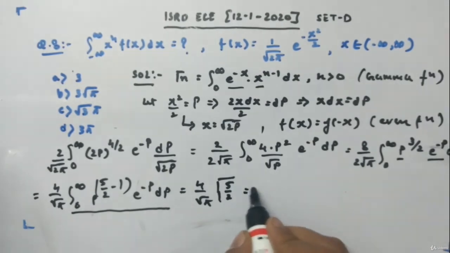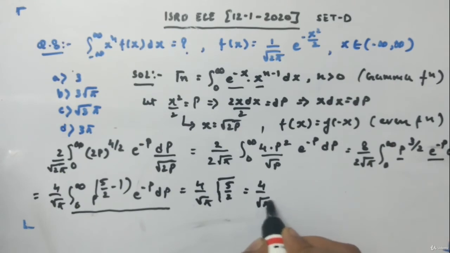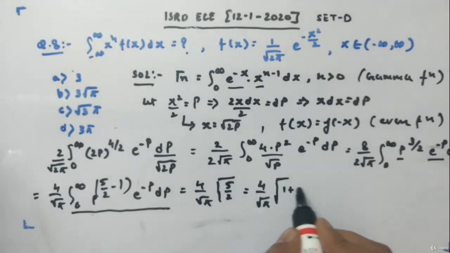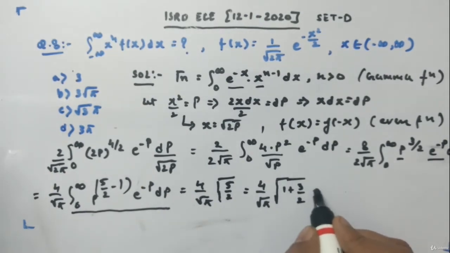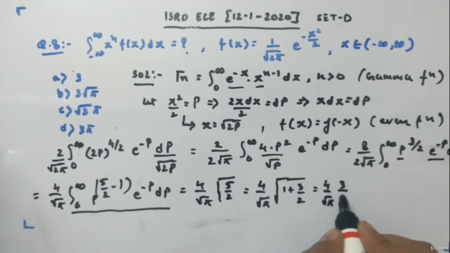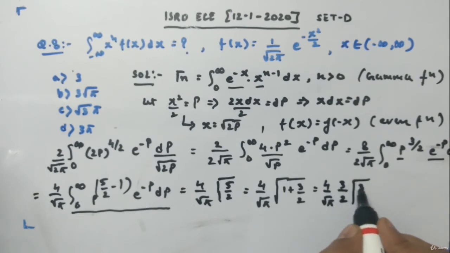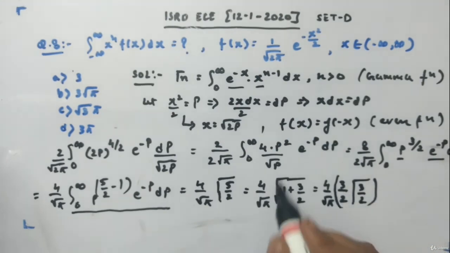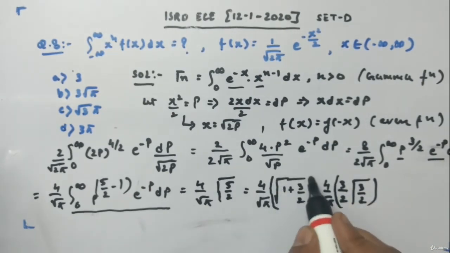So now this gamma function can be written as 1 plus 3 by 2, and if you know the property of the gamma function, gamma of n plus 1 can be written as n times gamma of n.